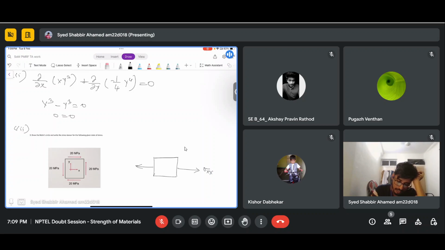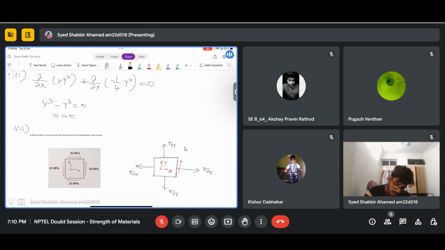If I take the orientations as given in the problem, this is the x-axis and this is the y-axis. The plane perpendicular to the x-axis has normal stress sigma xx, and this is sigma yy.